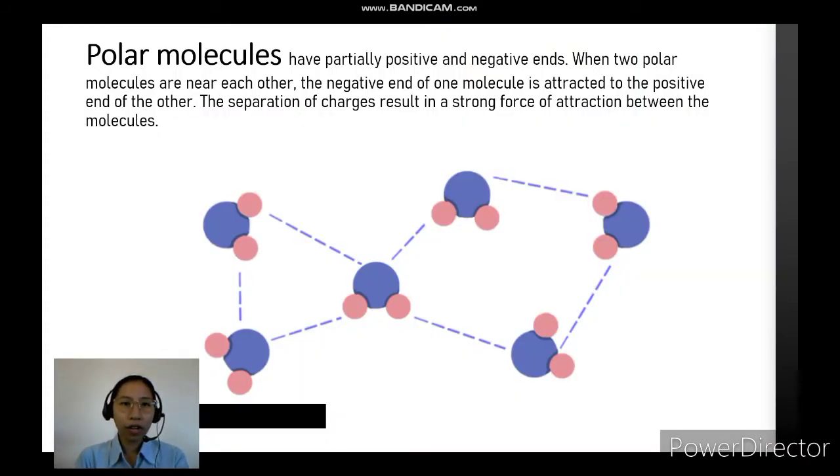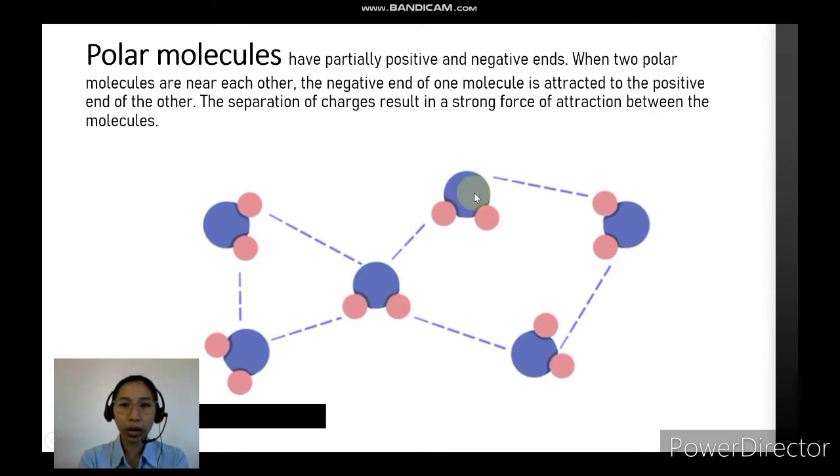If you can still remember, polar molecules have partially positive and negative ends. When two polar molecules are near each other, the negative end of one molecule is attracted to the positive end of the other. For example, this is a water molecule, and water molecules are polar molecules.